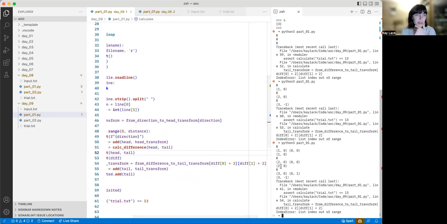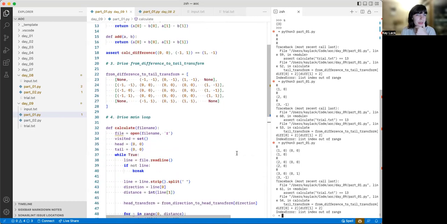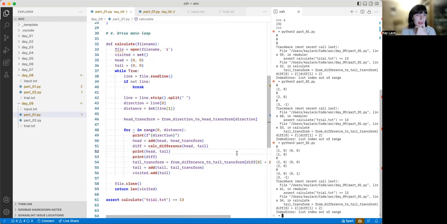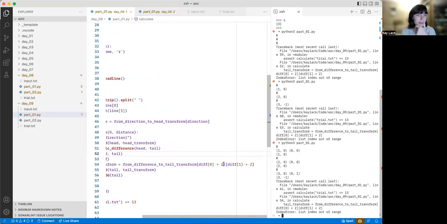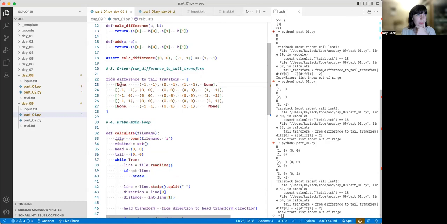So the difference is, so this will be +2. So this should be 4 and then 2. But actually it needs to be 0, 1, 2, 3, 4. Yeah.